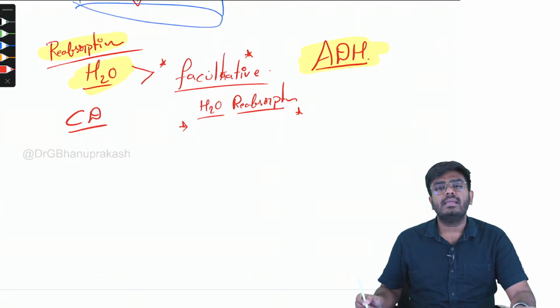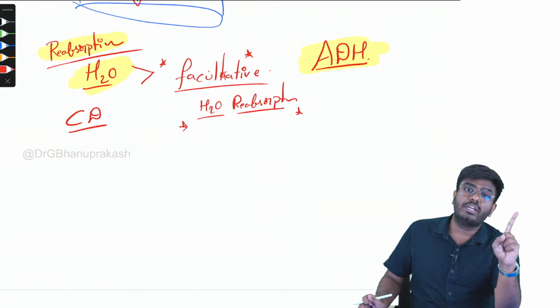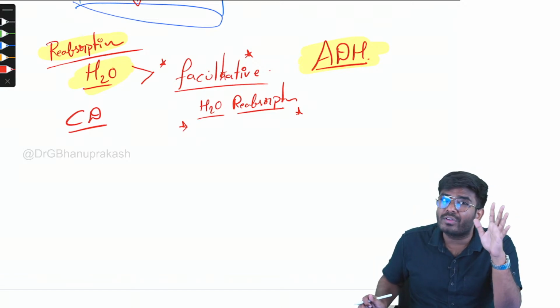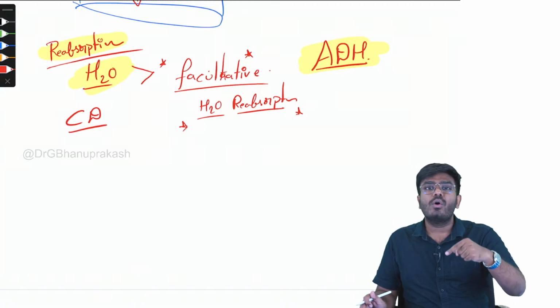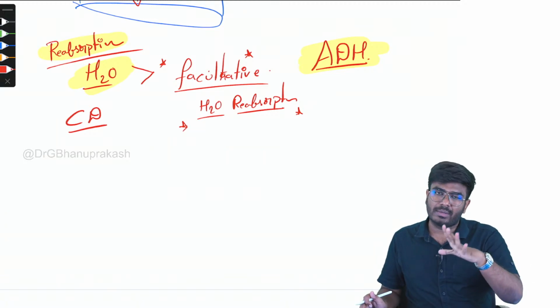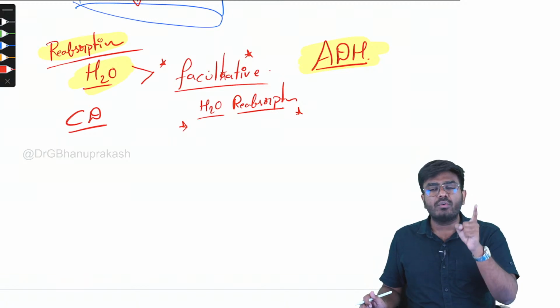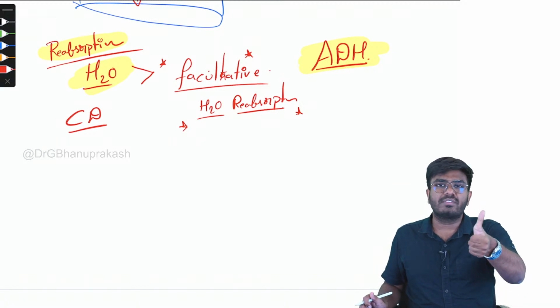But in the PCT, proximal convoluted tubule, and descending limb of loop of Henle, water reabsorption is also happening, but there is no hormonal influence. So there it is obligatory water reabsorption. But here it is facultative water reabsorption. So, a direct question in your exam: facultative water reabsorption happens in which part of the nephron?